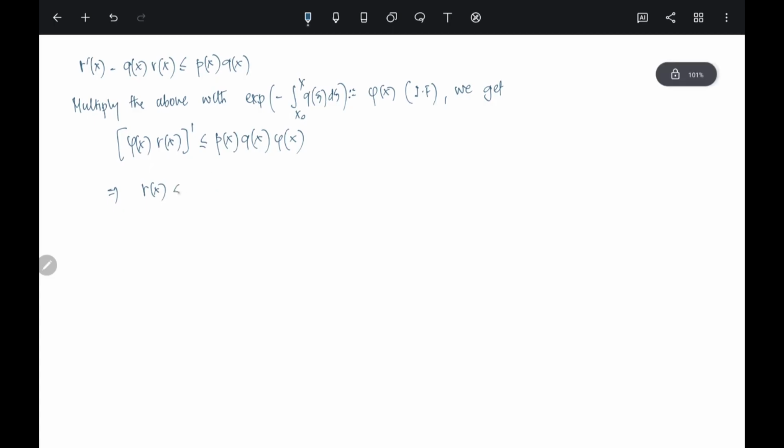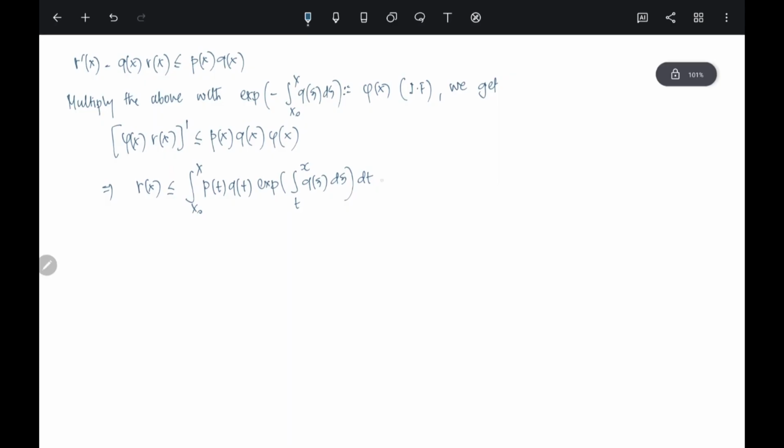So this is always dominated by the integral from x naught to x of p of t q of t, and then this phi of x, I can write it properly, so it becomes exponential of integral t to x q of xi d xi dt.